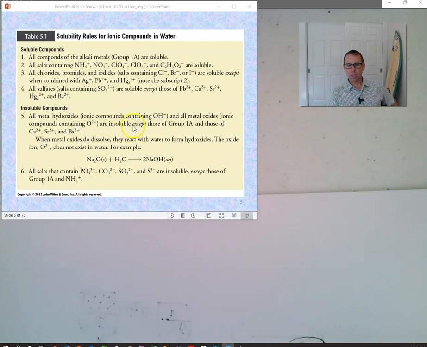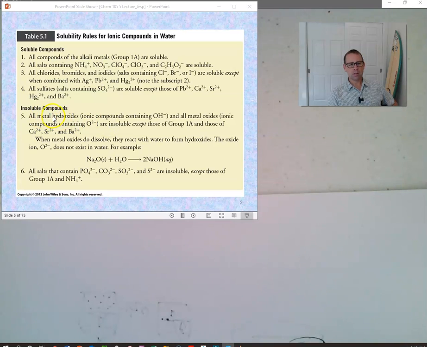What does insoluble mean again? It means that it's not soluble. Very good. Does not do what? Does not dissolve in water. That's right. Very good. Excellent. Insoluble means it does not dissolve in water.